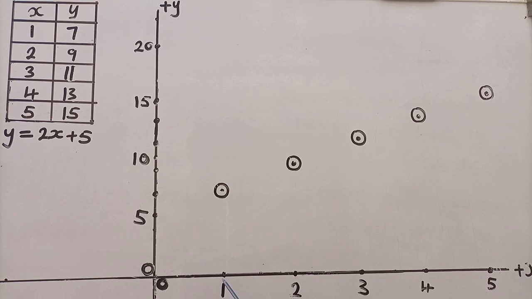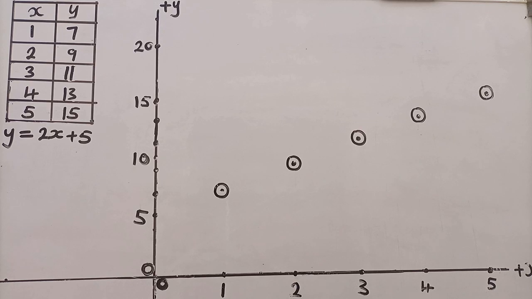This corresponds to 1 against 7. This corresponds to 2 against 9. This corresponds to 3 against 11. This corresponds to 4 against 13. And this corresponds to 5 against 15.